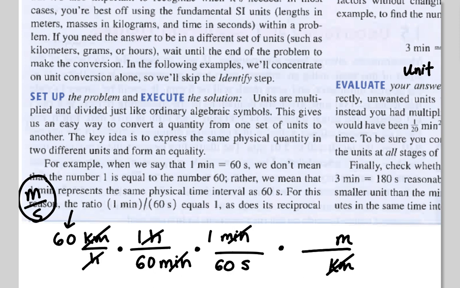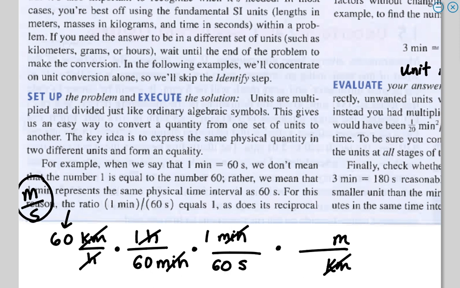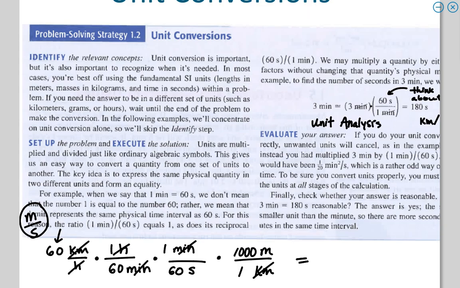Which one's larger? Kilometer, right? So in 1 kilometer, how many little meters could I get? 1,000. Okay? So take out your calculator, go 60 divided by 60 divided by 60 times 1,000.